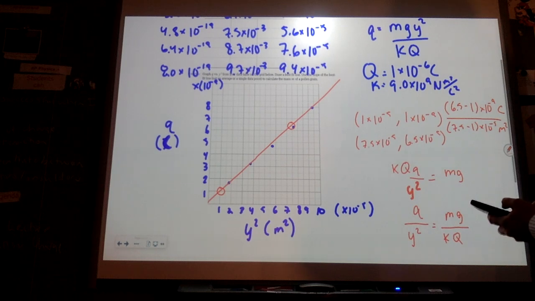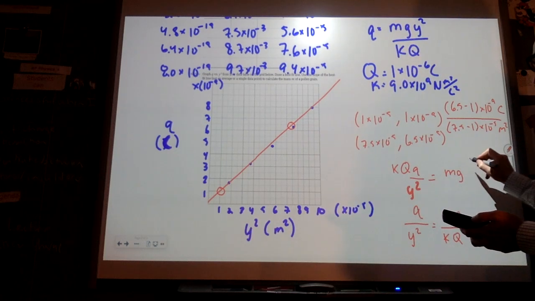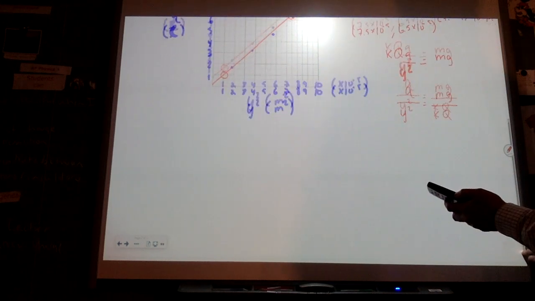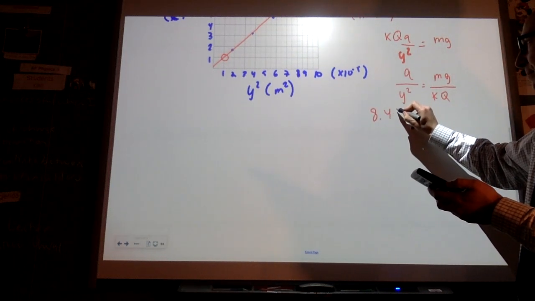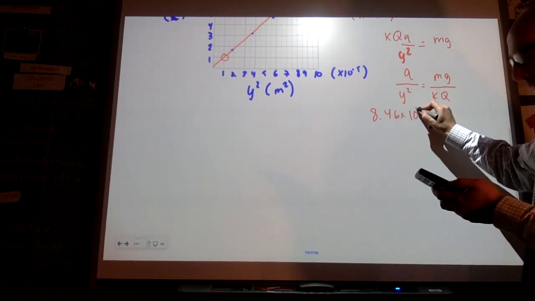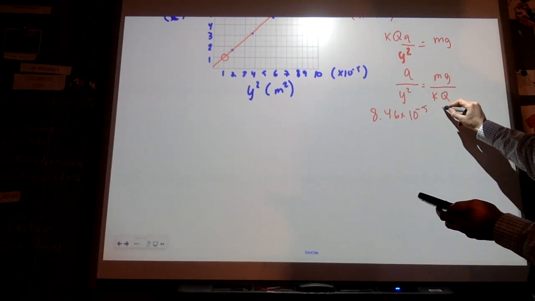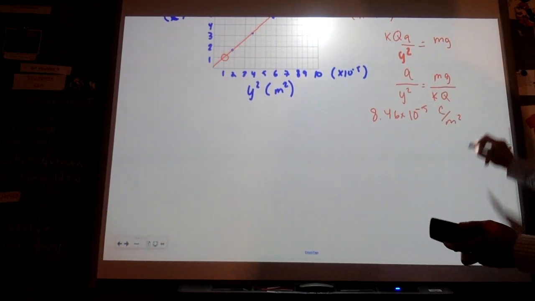So I have 5.5 times 10 to the negative 9th divided by 6.5 times 10 to the negative 5th, which is going to give me 8.46 times 10 to the negative 5th coulombs over meters squared.